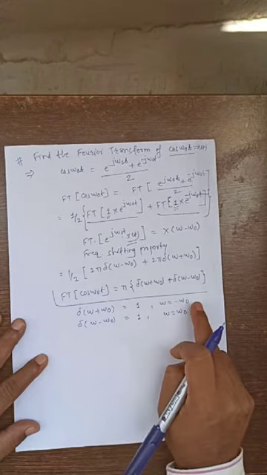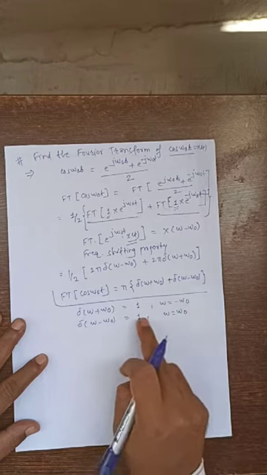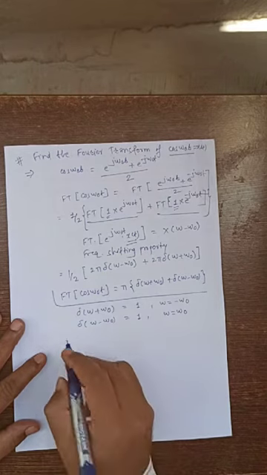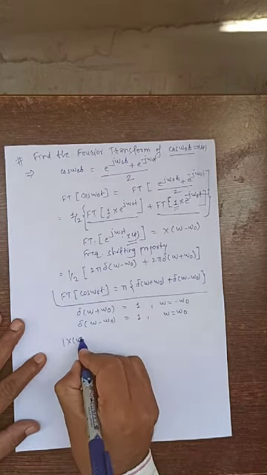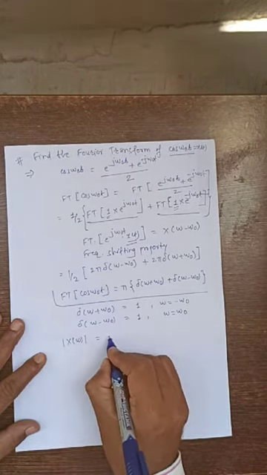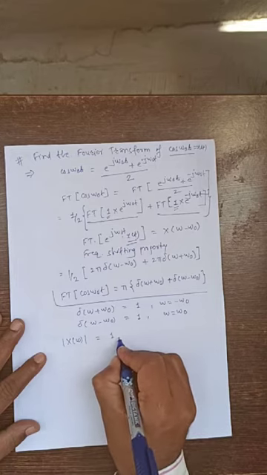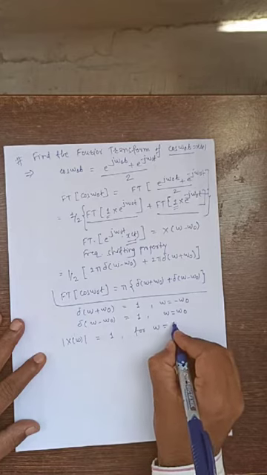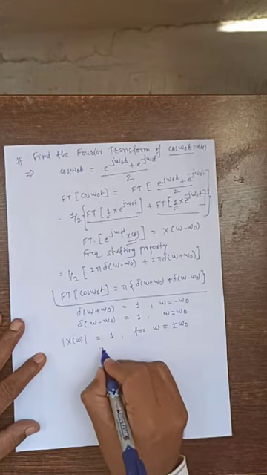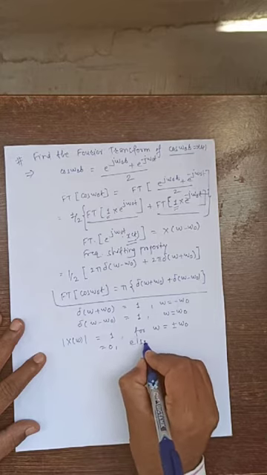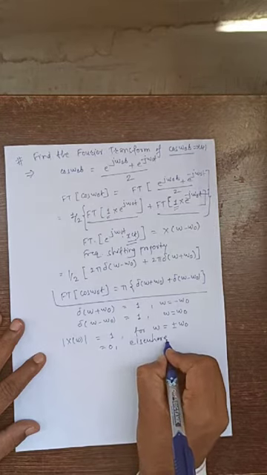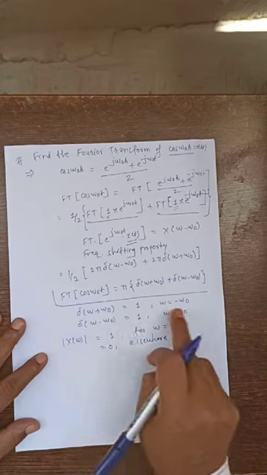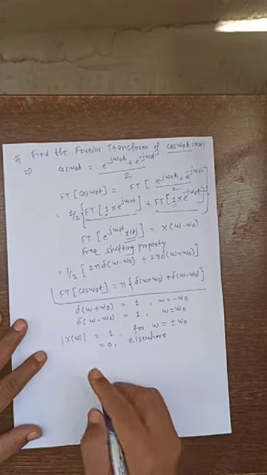So at plus omega naught and at minus omega naught the value of this signal is equal to 1, and it is multiplied with pi. So the magnitude of X of omega is equal to 1 for omega equal to plus or minus omega naught, and it is equal to 0 elsewhere, because the delta signal does not exist apart from these two places in this example.